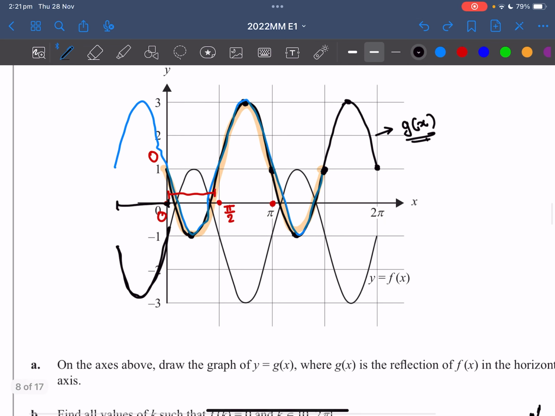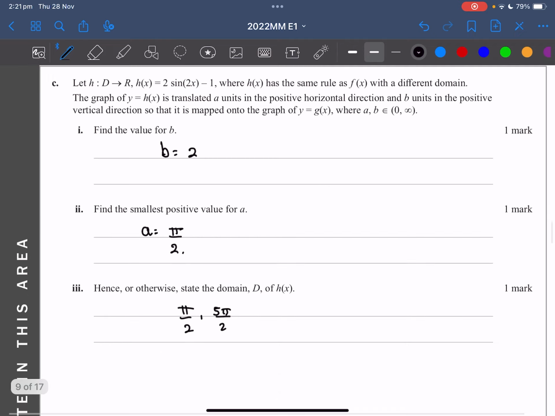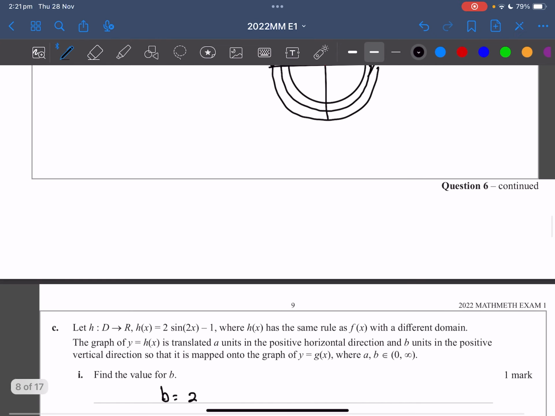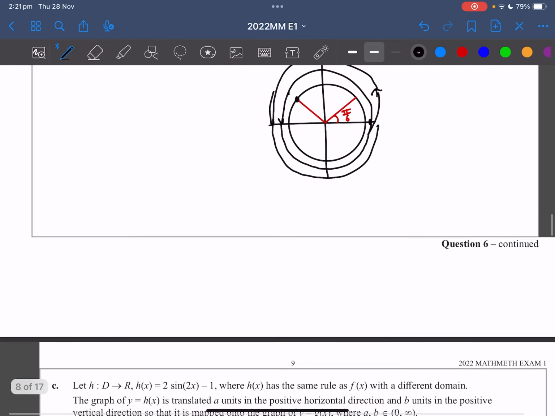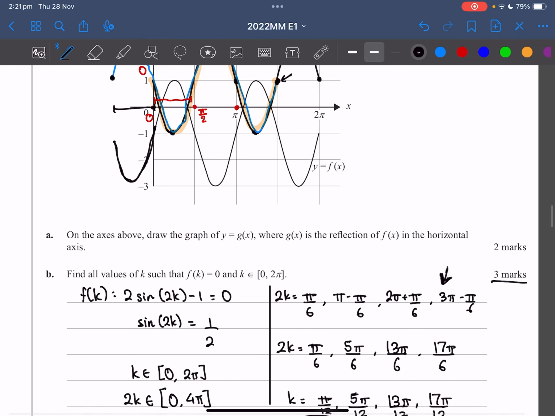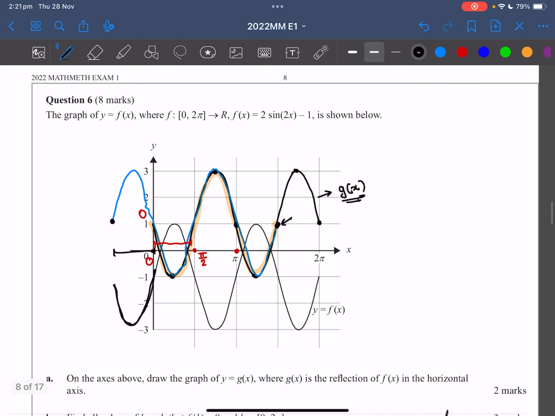So our domain is going from this point all the way to here. So if I write the domain, the domain of g is 0 to 2 pi, right?